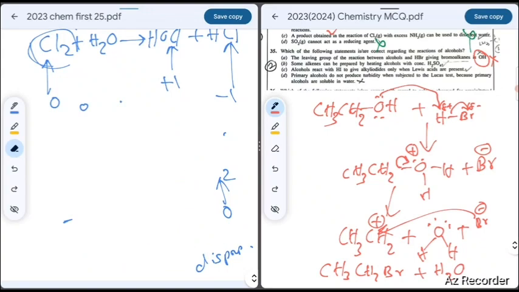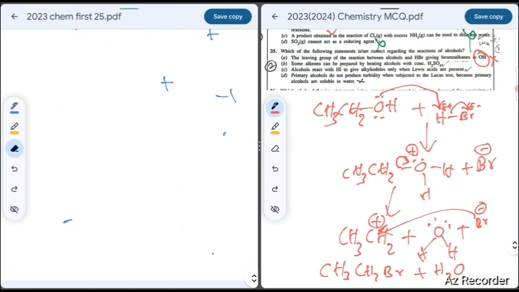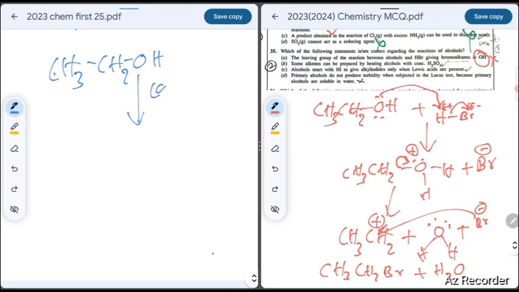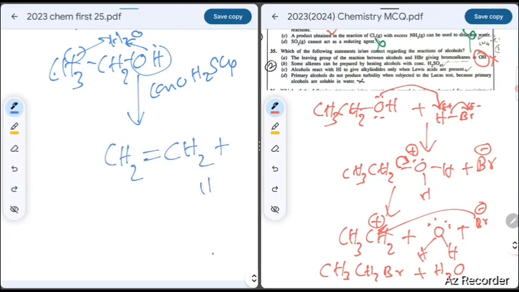Now, if we show the reaction, if we take for example again a primary alcohol CH3CH2OH with conc H2SO4, what does it give? This OH and another H from this one goes and forms water. Then it will form CH2=CH2 double bond plus H2O. Right?